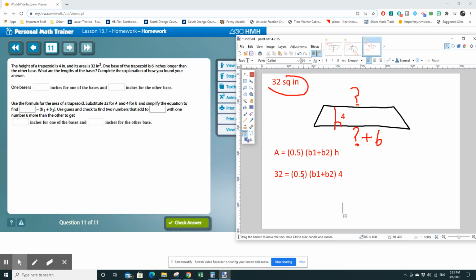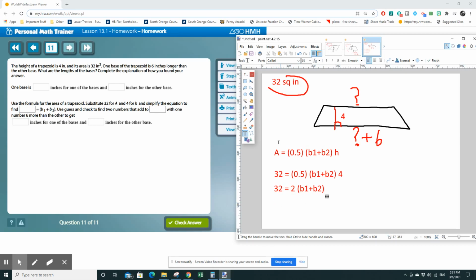We do know the height, and we know that this is 1/2. So what we can do is basically multiply 4 times 1/2. This is still going to be 32. This is still going to be equal, but simplifying on the right side, you would get 4 times 0.5, which equals 2. And you're still left with base 1 plus base 2.